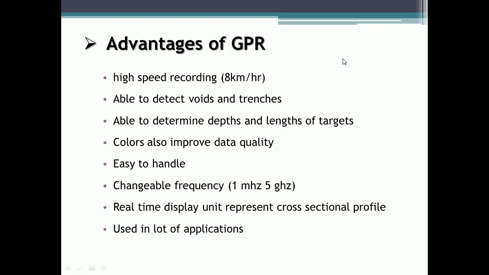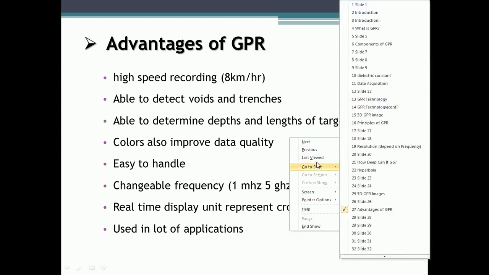So some of the advantages are here. By using this we can record data at very high speed, that is, we can complete the work within a short period. We can record easily at 8 kilometers per hour. We can collect the data and determine the depth and length of the target, that is, at what depth we require the data and up to which length. We can easily take the data using this, and color also improves the data quality.